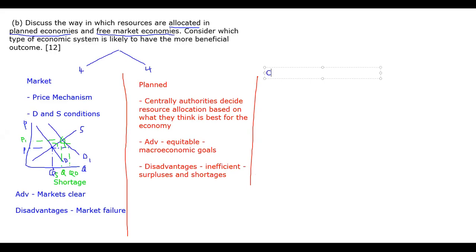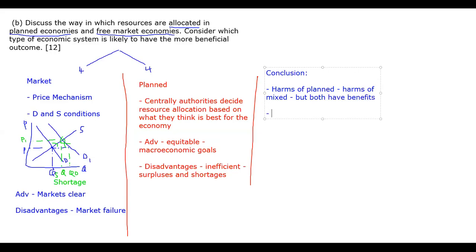So your conclusion would be about how there are harms of planned, harms of market, but both have benefits.